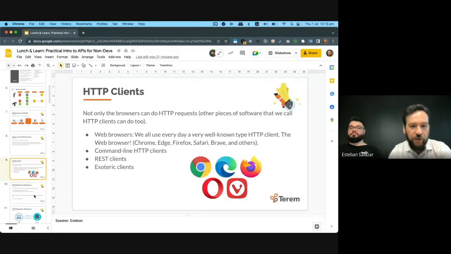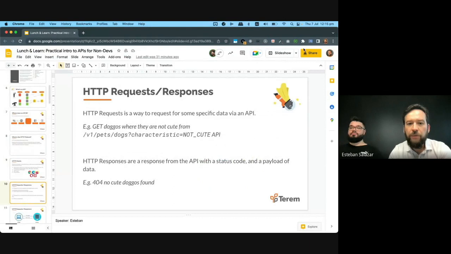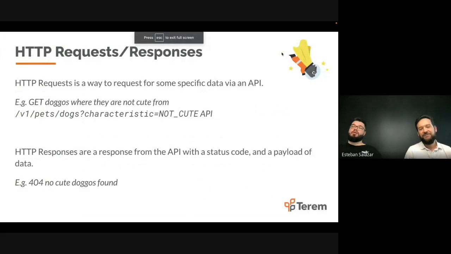Perfect. So as we saw before, it's a request-response protocol. Want to show this one? Yeah, sure. As part of sending messages to an API and receiving stuff back, we call them HTTP requests and HTTP responses. An HTTP request is a way to request some specific data via an API.